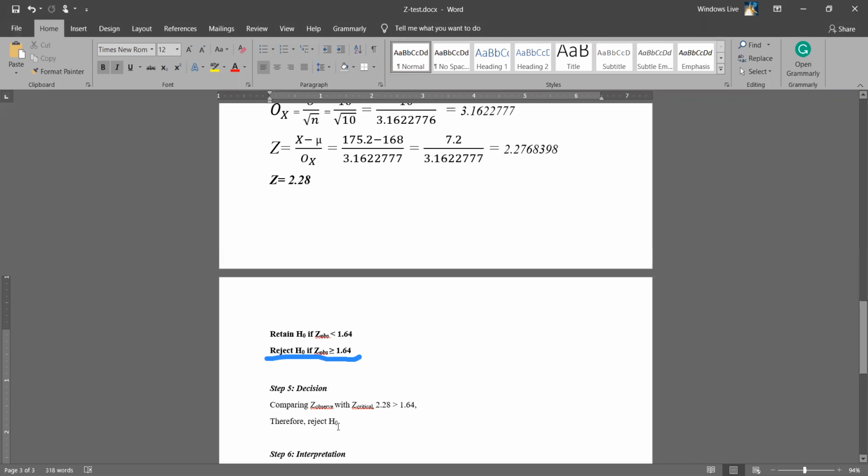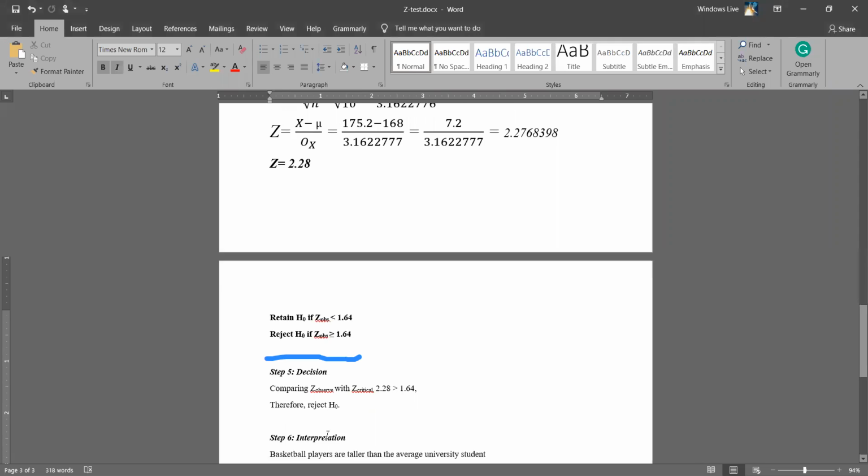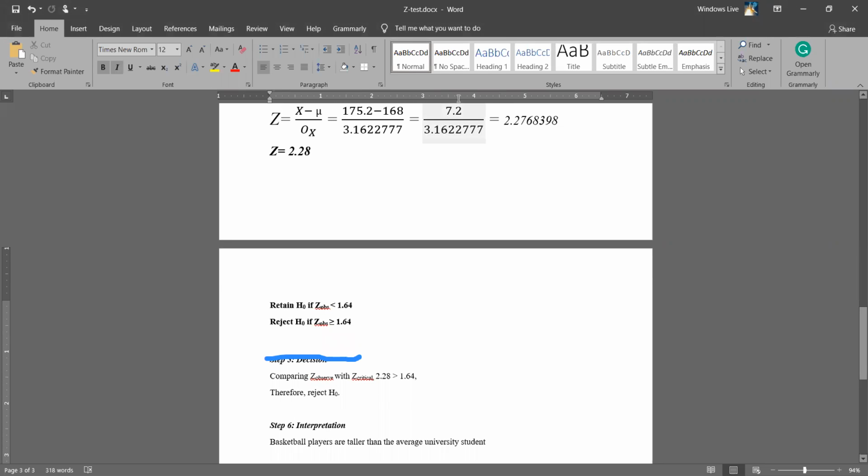Therefore, you have to reject H0. So that'll be for all when it comes to decision. Based on step 4, the value that you get, you compare that value with the decision rule that you stated. Then you indicate whether you'll be rejecting or retaining H0.